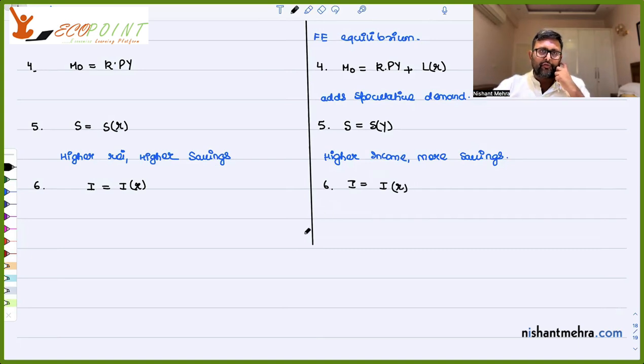A higher rate of interest means borrowing costs are higher, so investment is going to be lesser. And the main macro equilibrium condition comes out to be S equals I. That is the same in both of them. You with me?